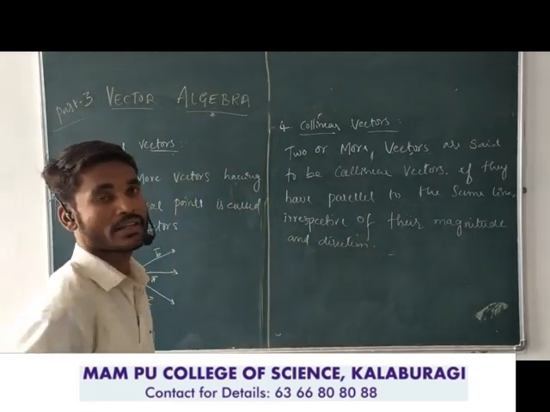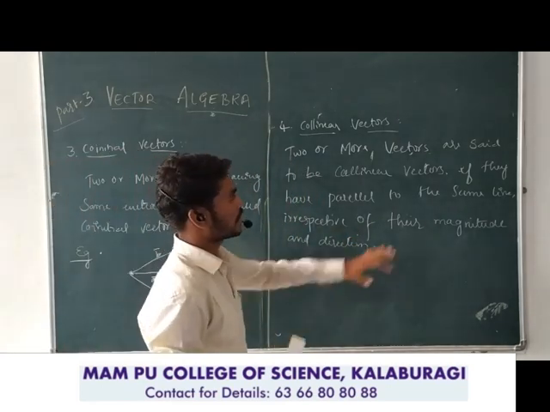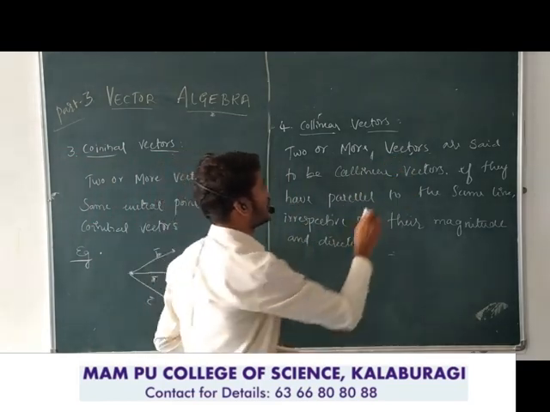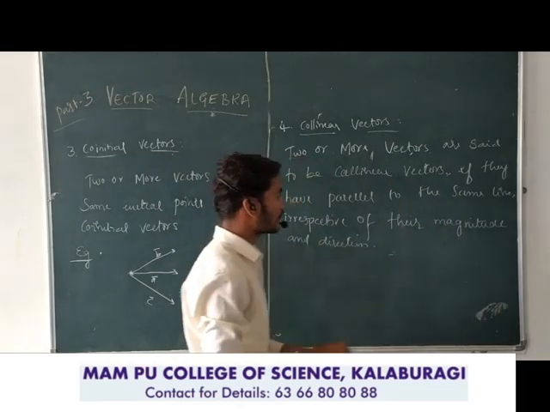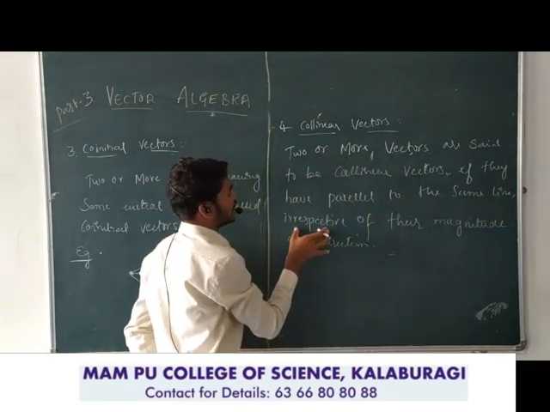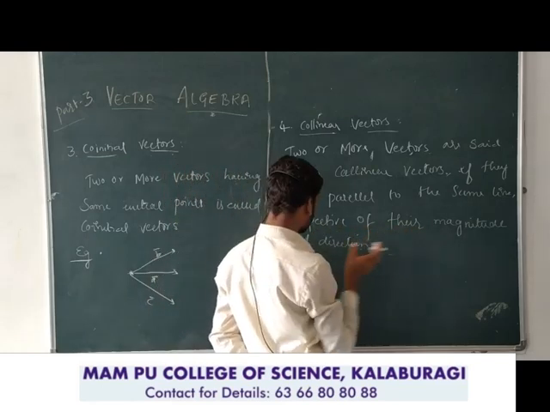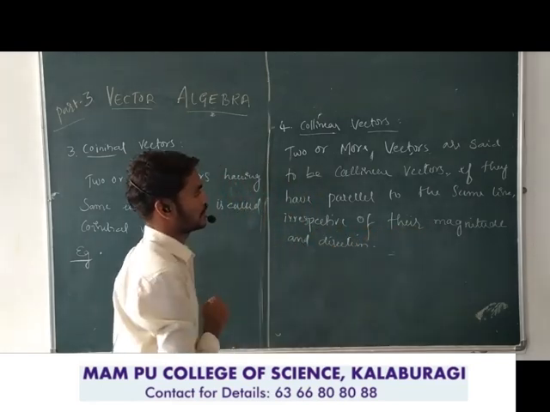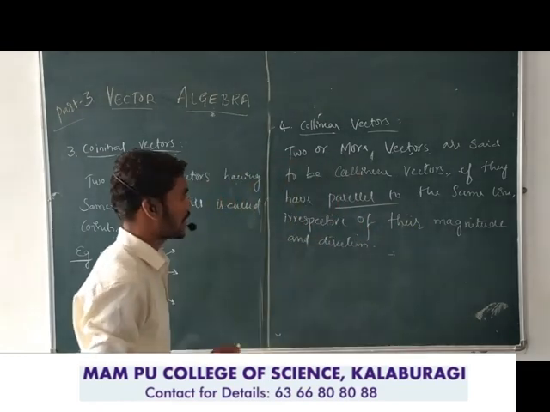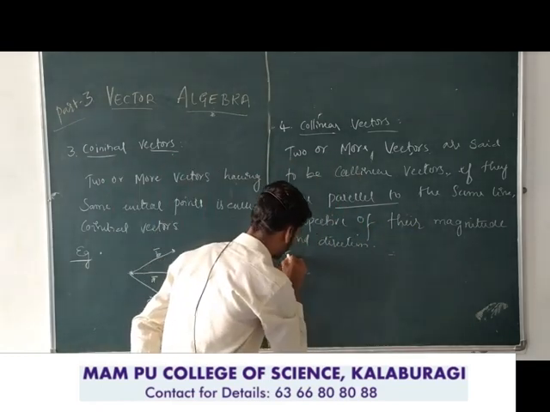What is the definition here? Two or more vectors are said to be collinear vectors if they are parallel to the same line, irrespective of their magnitude and directions. See here, two vectors are always parallel. This is the example I am giving here.